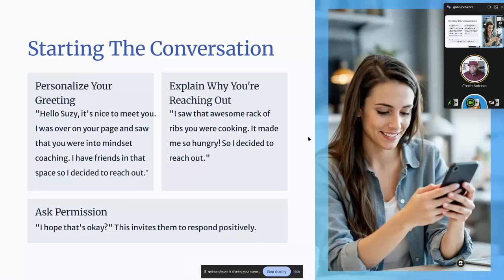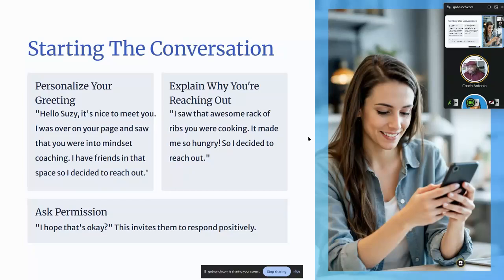So let's talk about how you can open up the conversation without looking spammy, and begin to build rapport. What you have to do is personalize and come into the conversation with context. Personalize your greeting. So you can say something like, "Hello, Susie. It's nice to meet you. I was over on your page and saw that you were into mindset coaching.